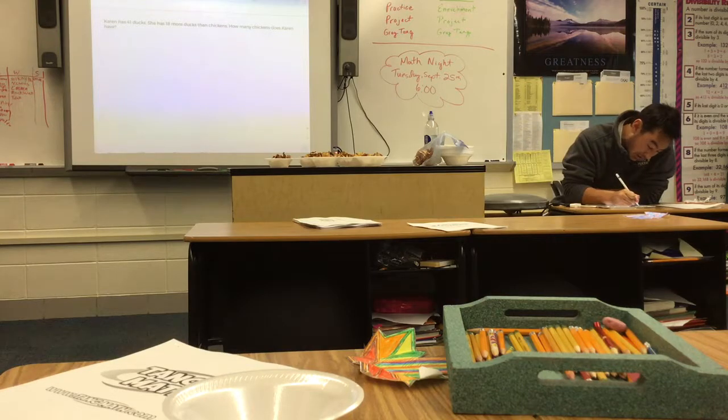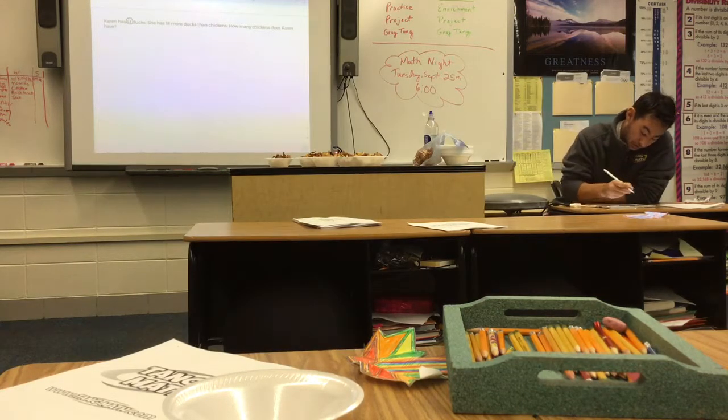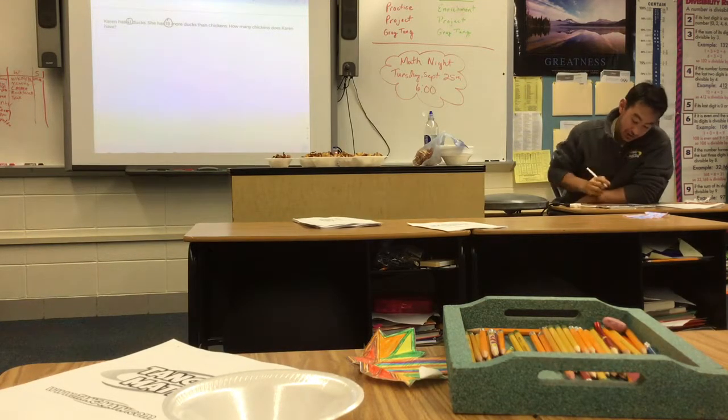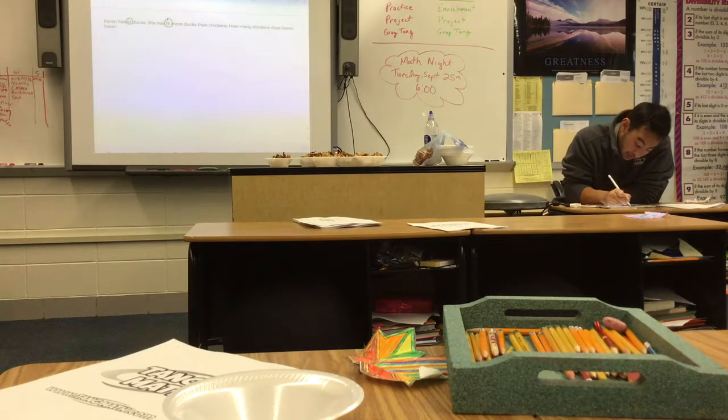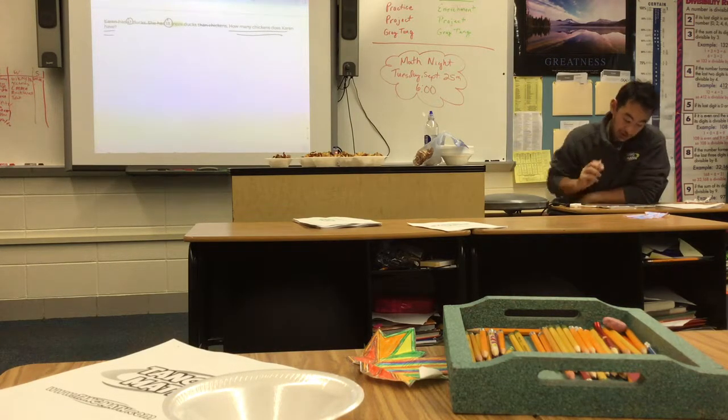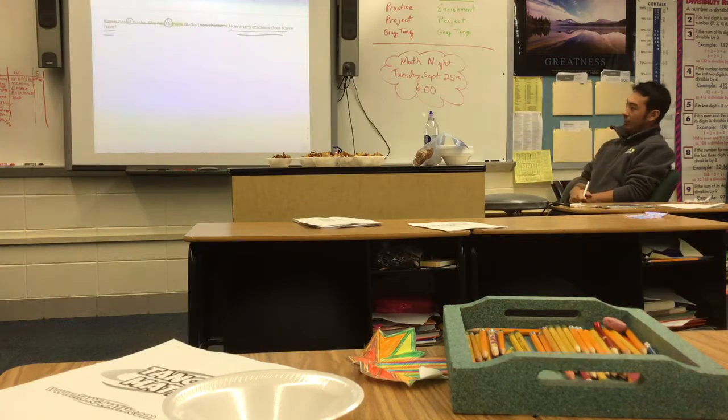Karen has 41 ducks. Oh, I look for a number, I circle it. She has 18 more ducks than chickens. Ooh, my keyword. There's "more." How many chickens does Karen have? There's my question. I underline it and I eliminate unnecessary information. This is following the formula, and it's probably the most common way of solving word problems out there, not making sense of it.